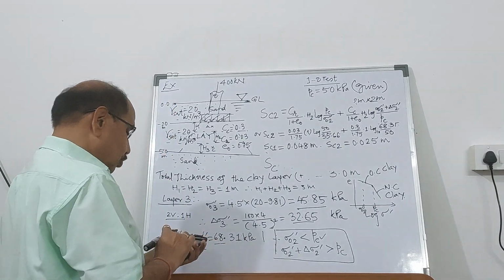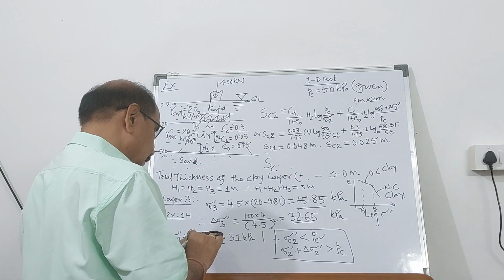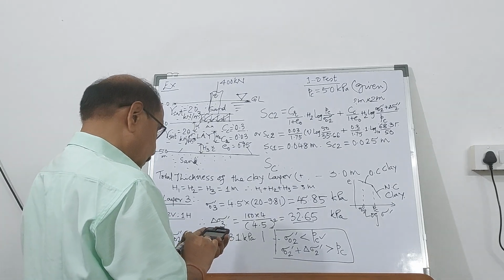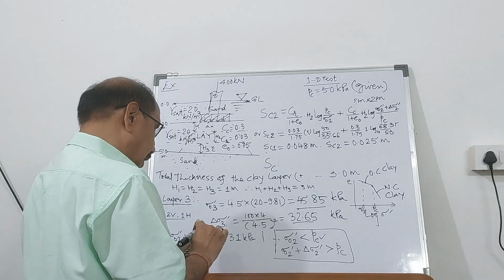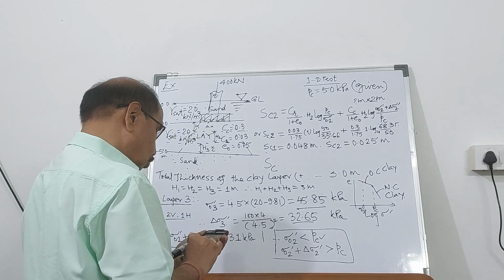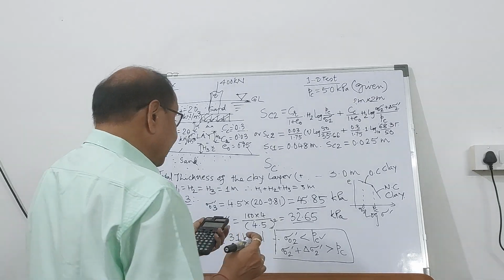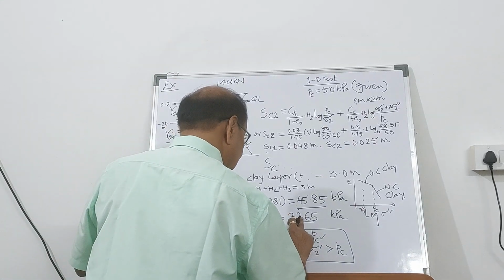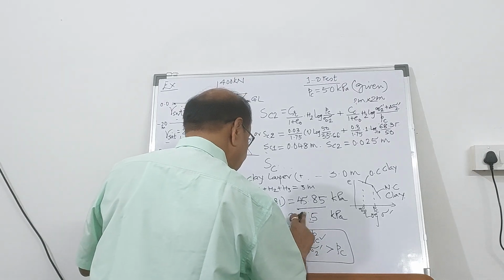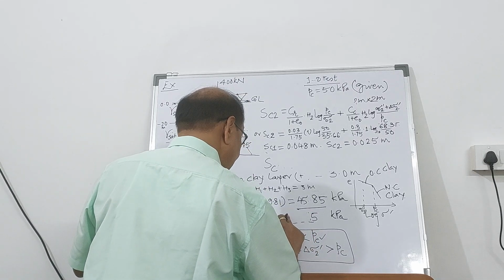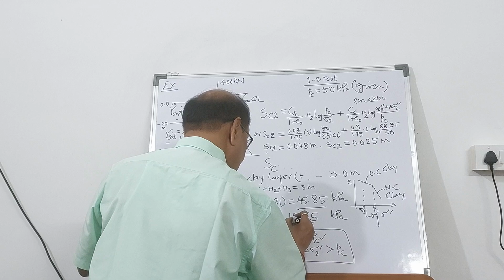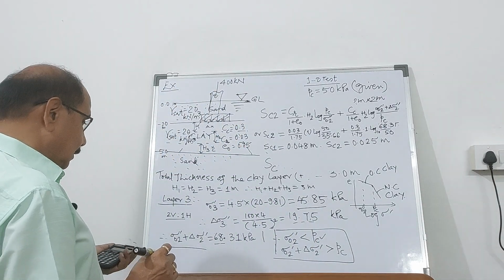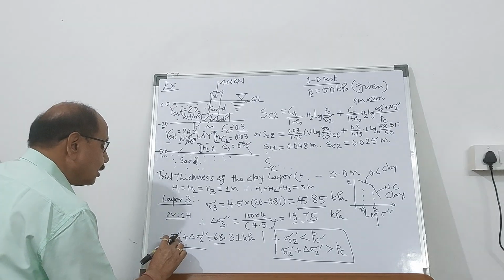So this becomes 400 divided by 4.5 square, 19.75 kilopascal.